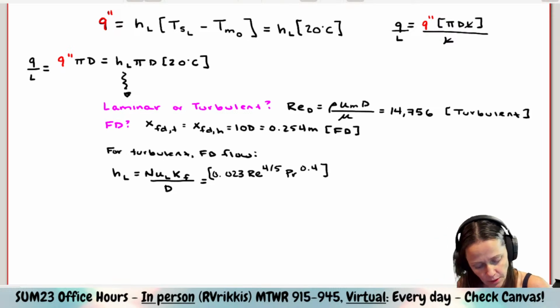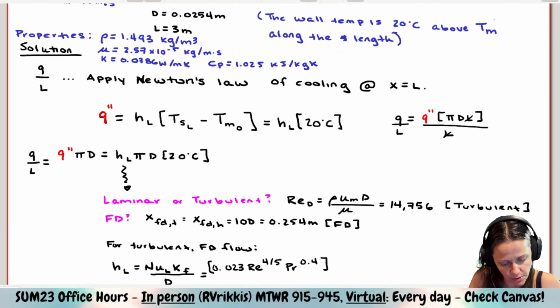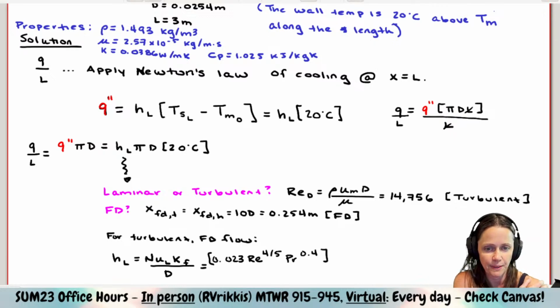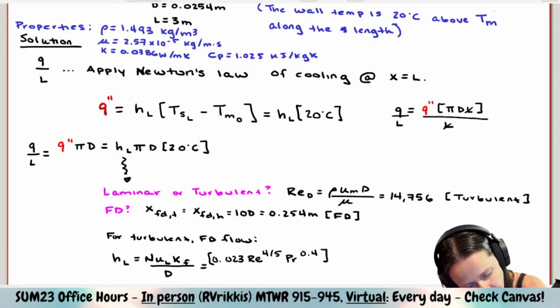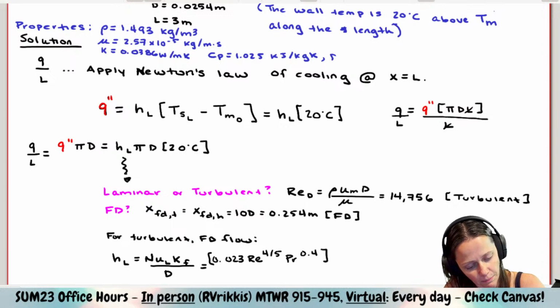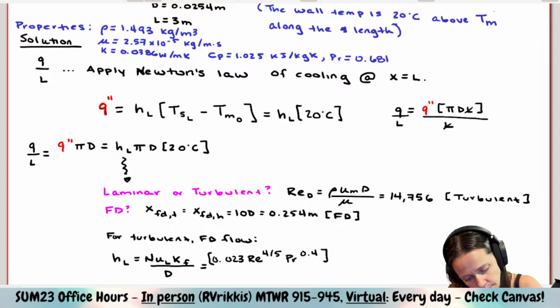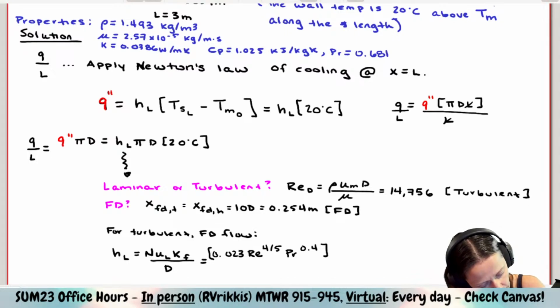Do I have a Prandtl number? Probably, yes, I do. I'll put it up here with the properties. My Prandtl number is 0.681. Perfect, so I got that.